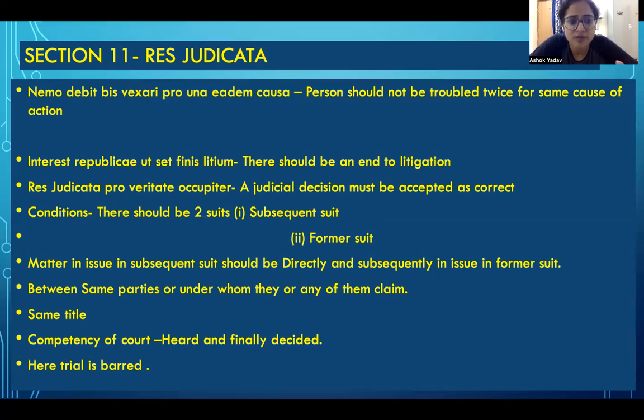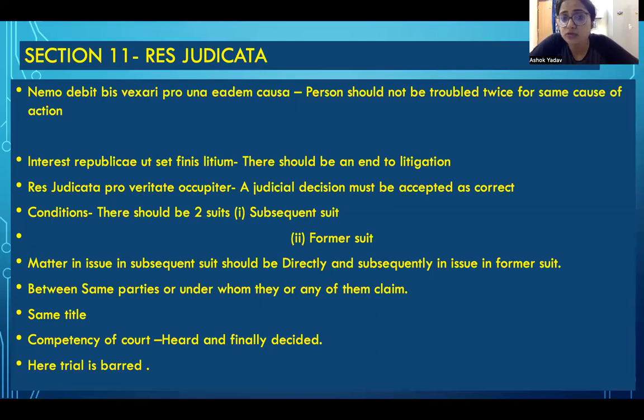When they say "under whom they or any of them claim," they mean, for example, suppose there is a suit between A and B, and in between A dies. The son, daughter, or legal representatives of A will continue the suit. This is where they say under whom they or any of them claim.